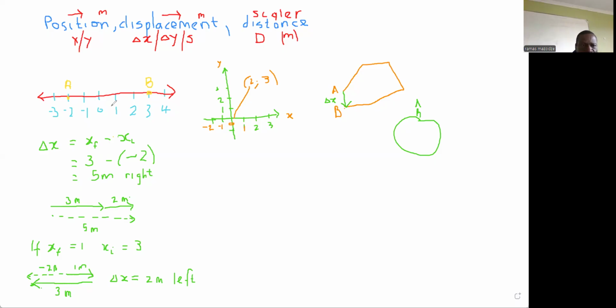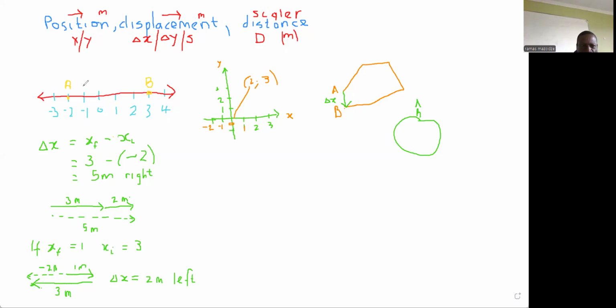Okay, if you were to look here from A to B, the displacement is 1, 2, 3, 4, 5. So it's easy, right? Bear in mind always that displacement is measured always from start point to end point in a straight line, because displacement measures the shortest distance between the start point and the end point. And the shortest distance, you can only get it if you move in a straight line.